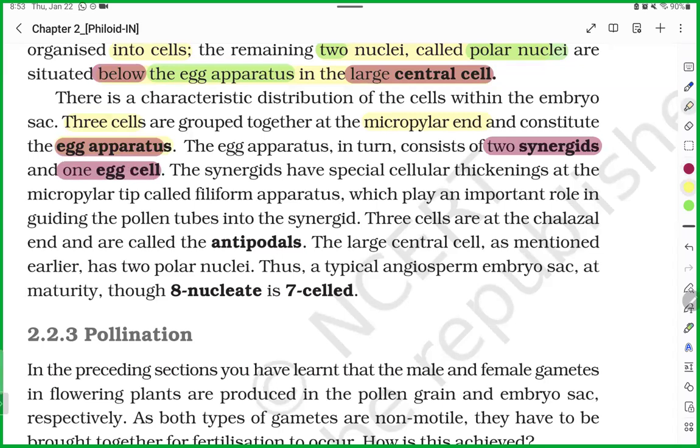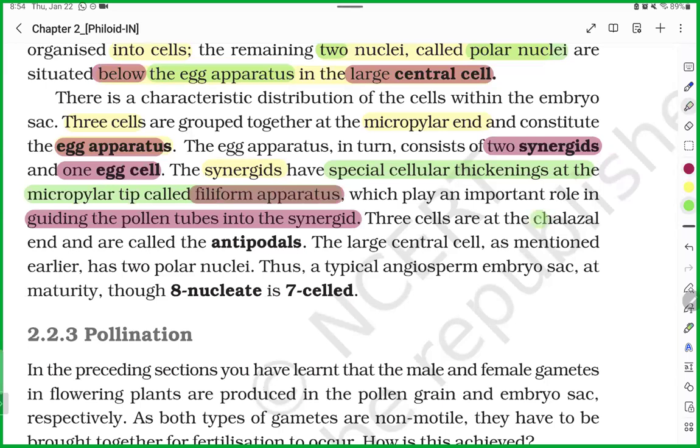And the synergids have special cellular thickenings at the micropylar tip known as the filiform apparatus. So many times they ask this point, even in NEET. What is the role of the filiform apparatus? To guide the pollen tube, where it will enter into the synergid.